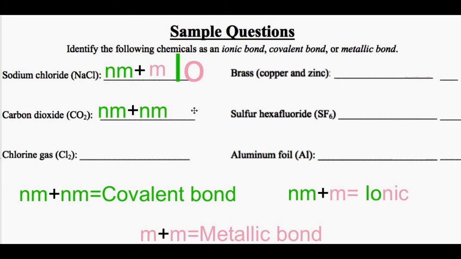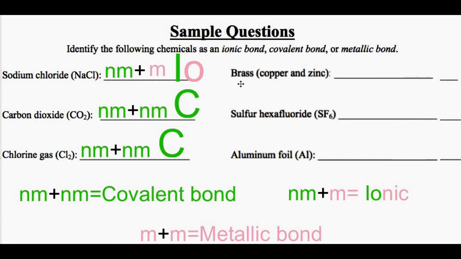If you have two nonmetals, that would form a covalent bond. All right, now you have chlorine gas. So there are two chlorines that are bonded together. So determine what chlorine is. Pause the video if you need to. If you have chlorine plus a chlorine and they are both nonmetals, you have got a covalent bond.